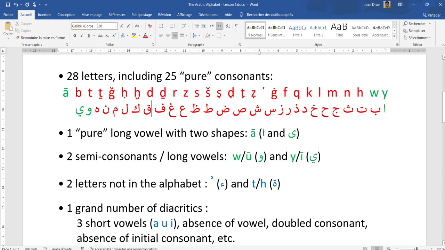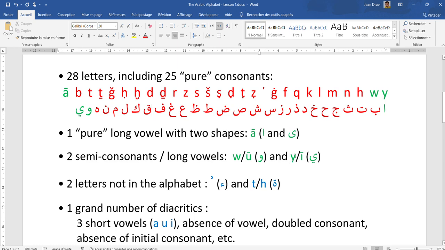The first long vowel has 2 shapes, and the second and the third long vowel can be used as a consonant. Like if I say wa, wu, wi, that would be this letter used as a consonant. And if I say oo, then it's that same letter but used as a long vowel. Same here.